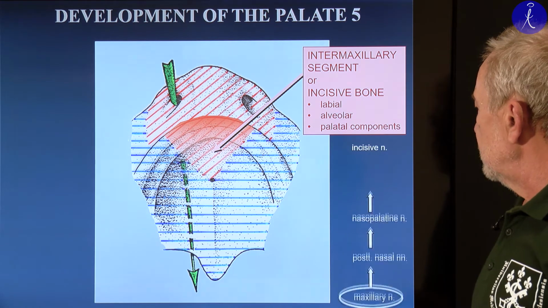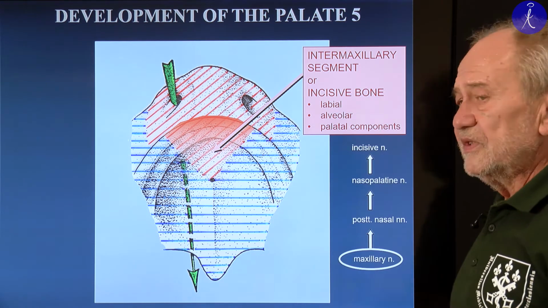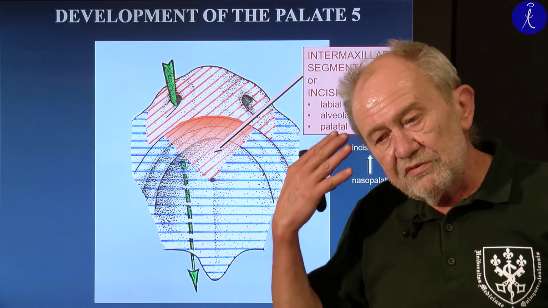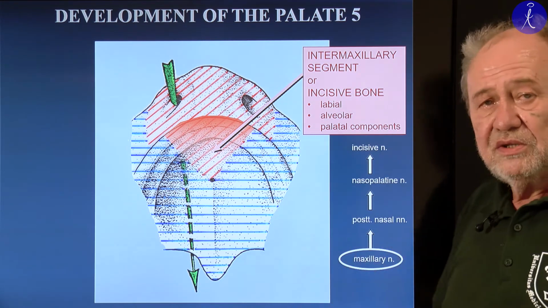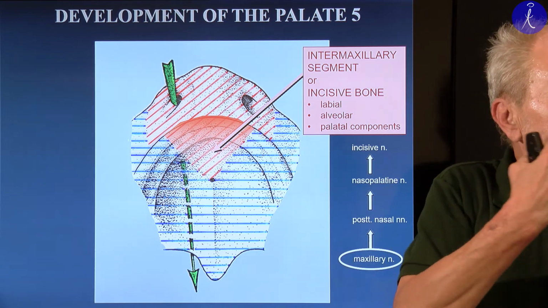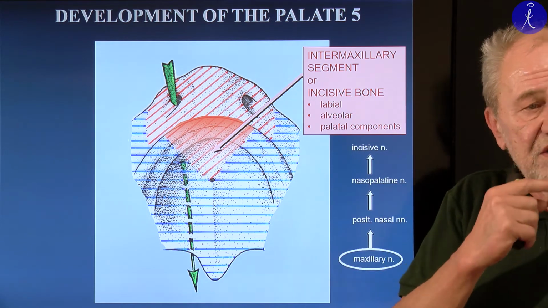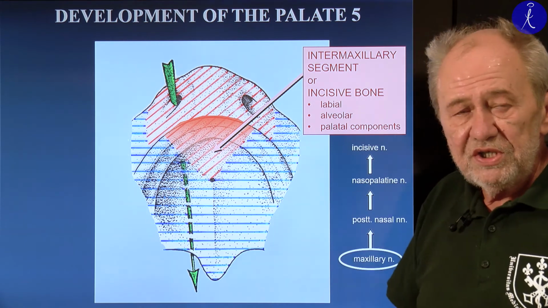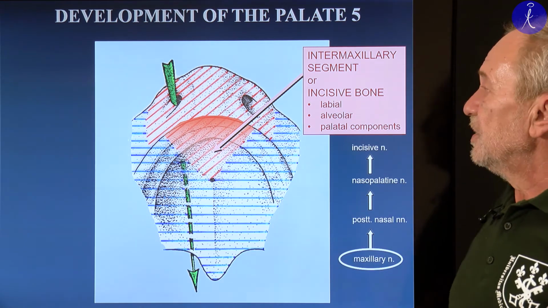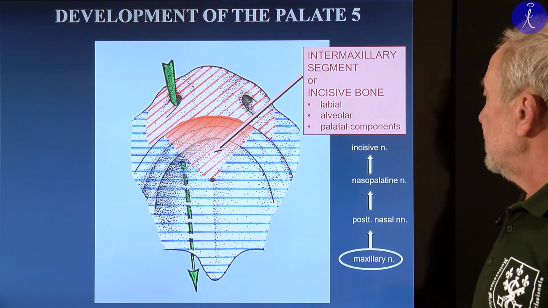The nerve comes from the nasal cavity. The nasal cavity is posteriorly innervated by the posterior nasal branches from the maxillary nerve, and the longest of these branches is called the nasopalatine nerve, and when it reaches the incisive foramen and reaches the oral cavity, the name of this end branch is the incisive nerve.